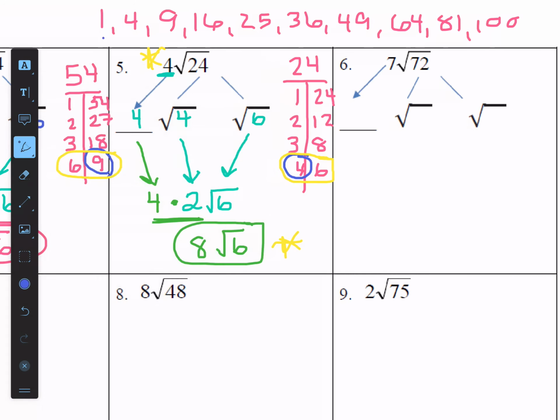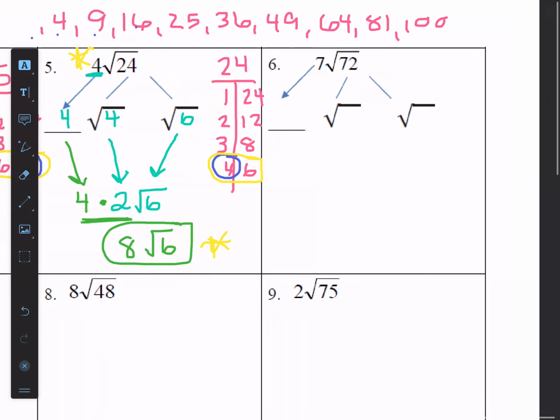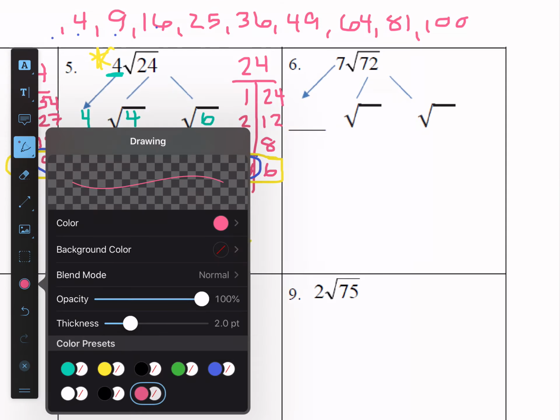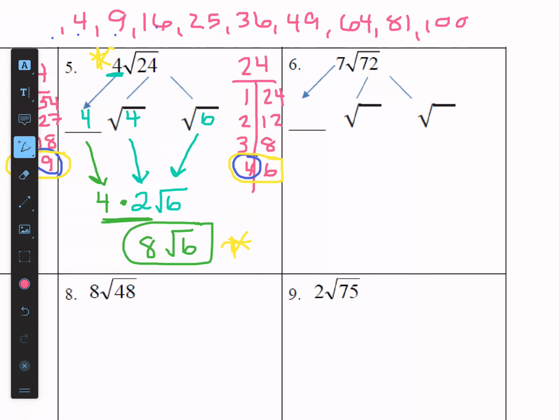What is 2 squared? 2 squared is 4. 3 squared is 9. 4 squared, 16, and so on. That's how you can generate your list without having to memorize this whole thing, okay? But sometimes I think having this right in front of you helps when you're trying to determine where's my largest perfect square, okay?